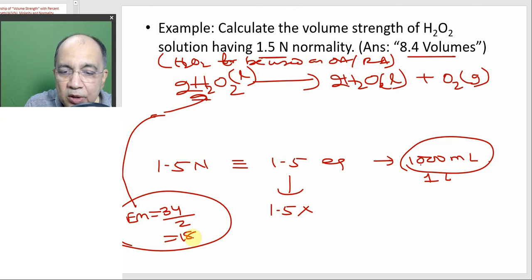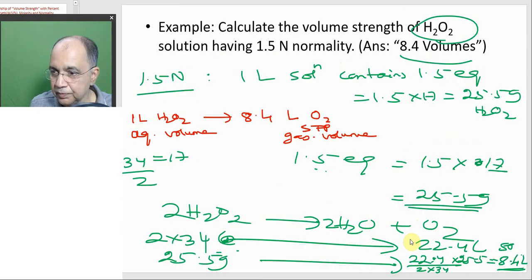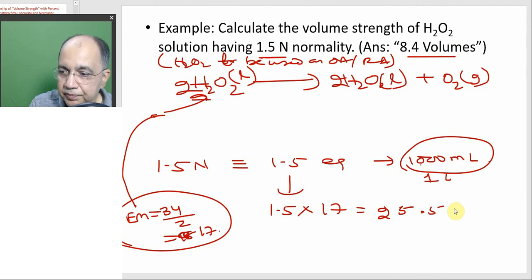So once we know the equivalent mass is 17, then 1.5 into 17 is how much? Yes, 25.5 gram. Right?